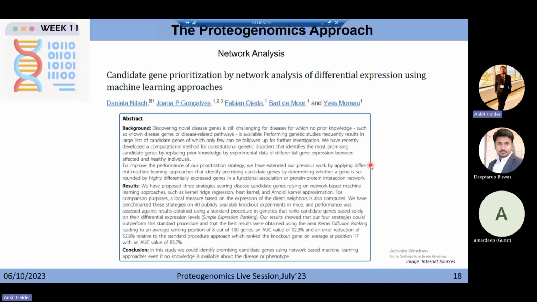Similarly, we have done some unsupervised clustering algorithm concepts. So you can understand what things we can take forward to understand this kind of gene prioritization, because this becomes very important for us to calculate and construct the networks.